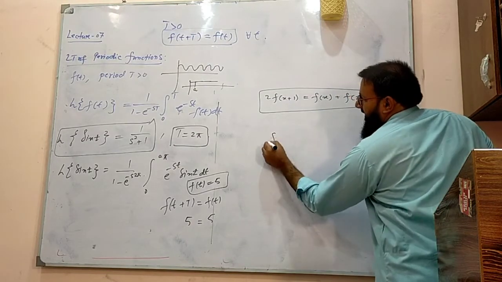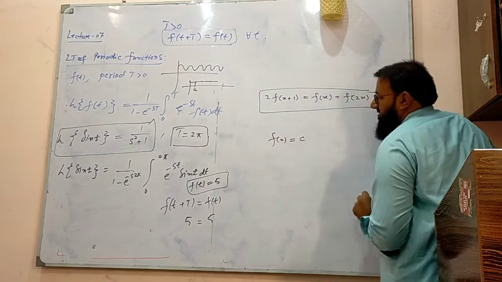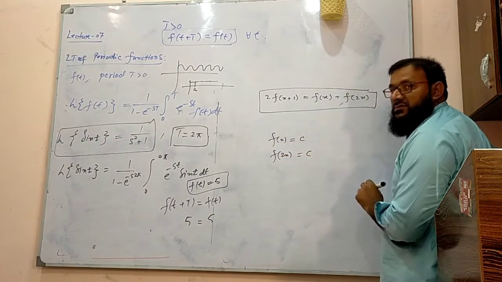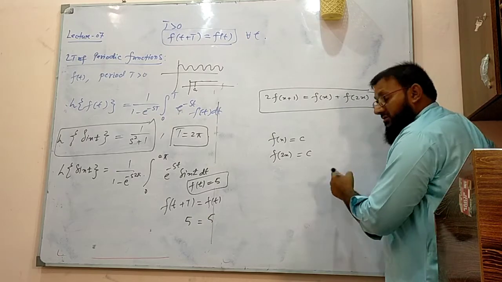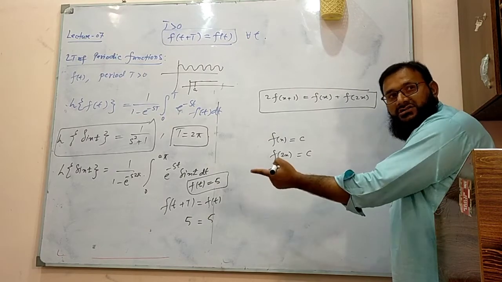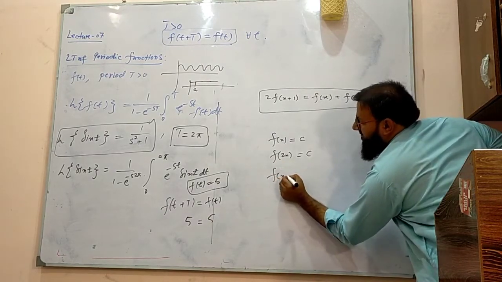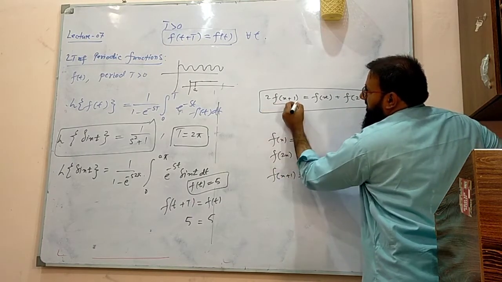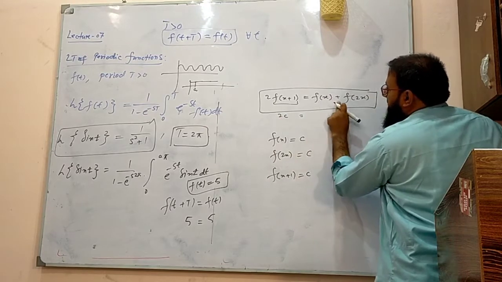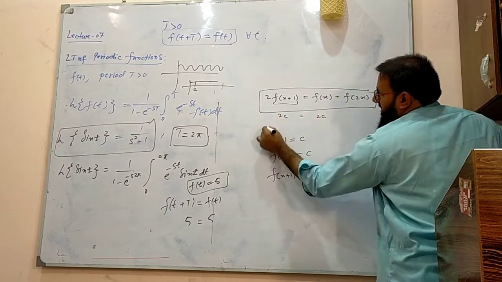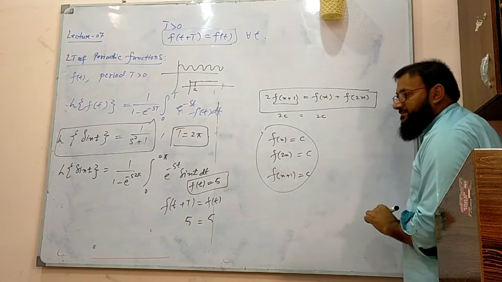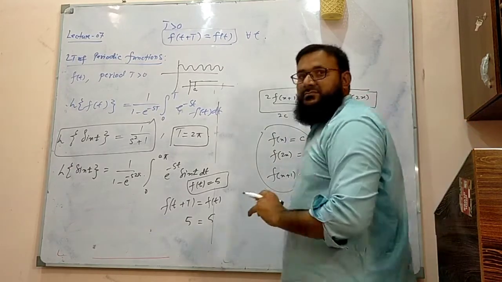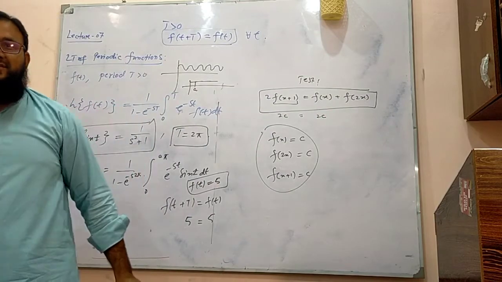Because I define f of x to be a constant c. Then what should be f of 2x? Constant, not 2 times, because it's a constant function. What is f of x plus 1? Constant. So put the values: this will be c plus c, 2c. So that should be constant. This was the question as well.